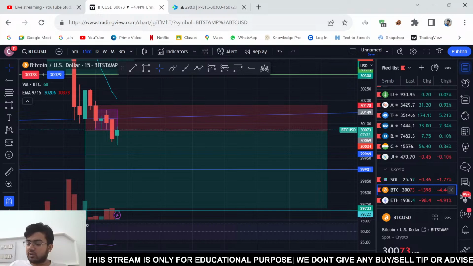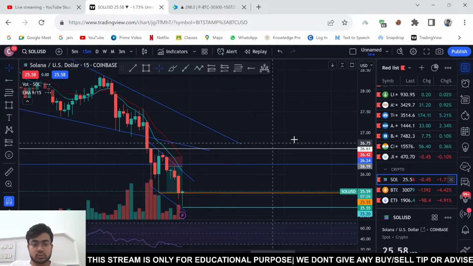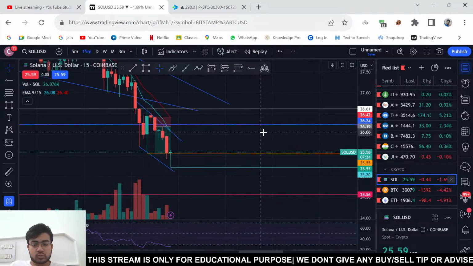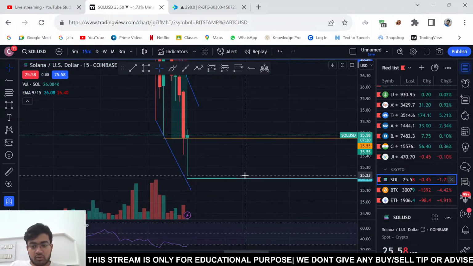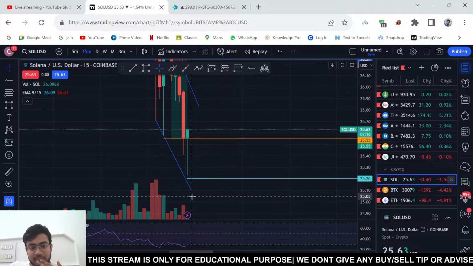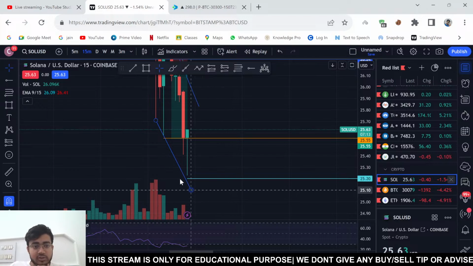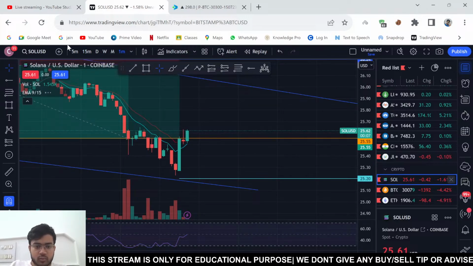So now that I've marked those levels, I think this is good enough. Okay, so when we were not here, Solana just tested its limit. That's very good. That's exactly where you should have exited.